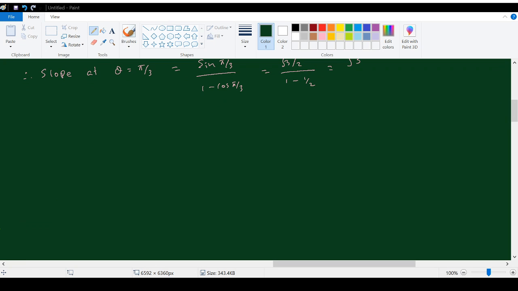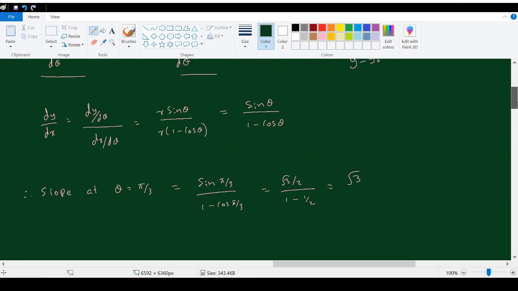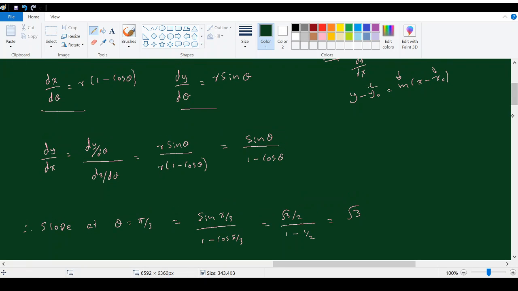Well, before that we can find the slope of the tangent by plugging in theta equals pi by 3, right? So when you plug theta equals pi by 3 into this equation, we can obtain the slope of the tangent.